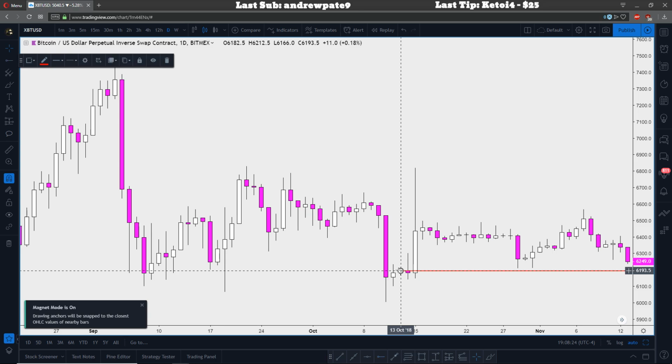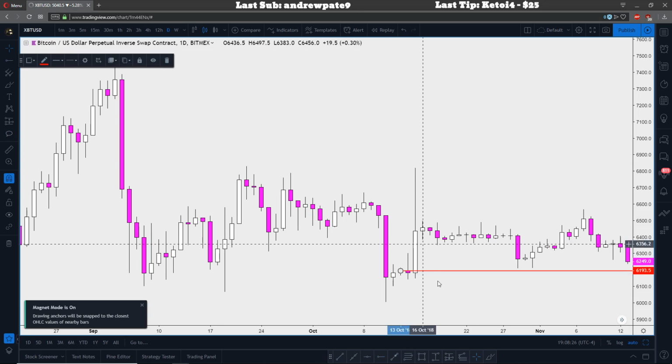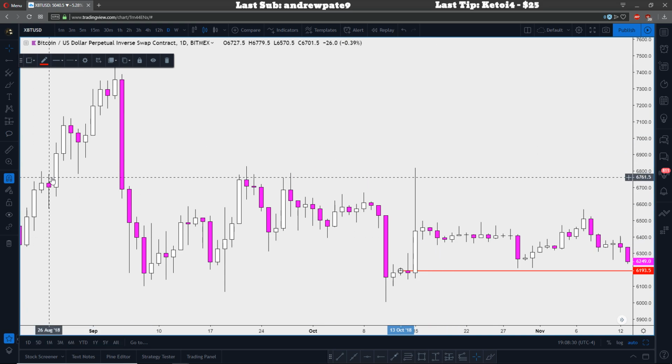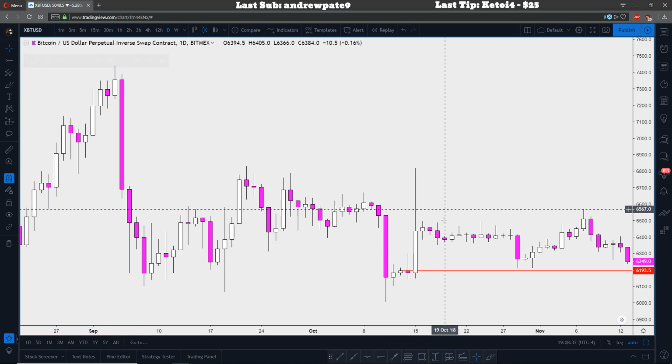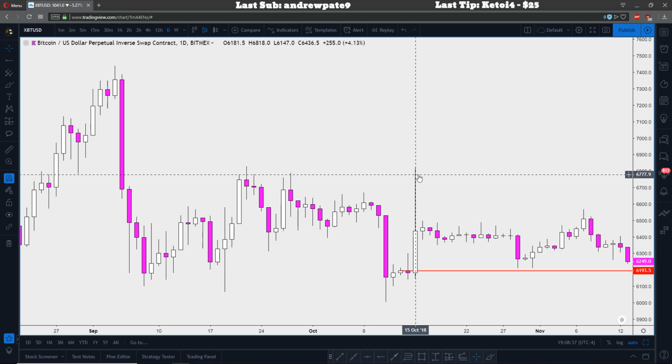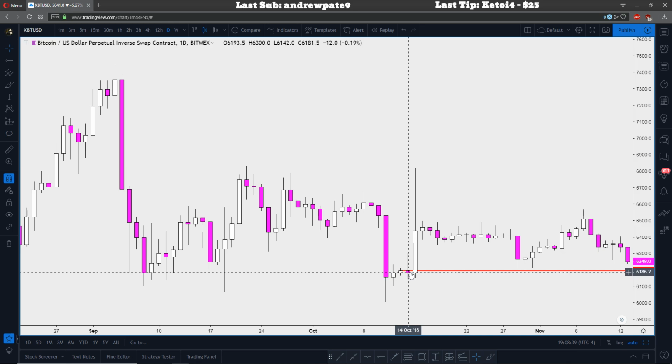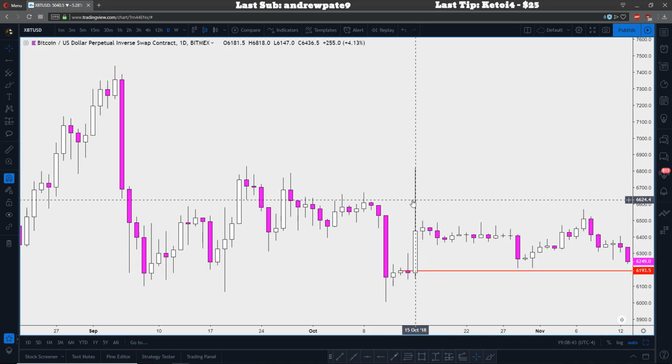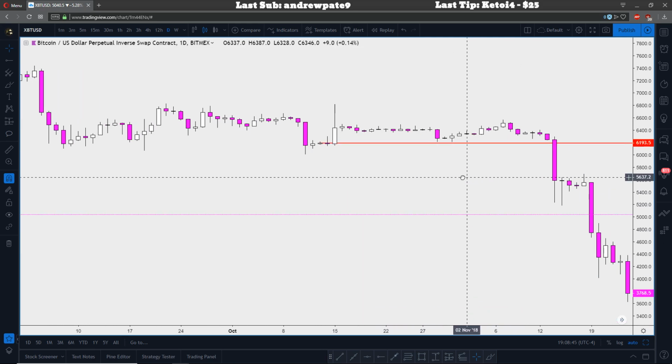We're going to take the high of the doji before the impulse move up. This is going to act as the last resistance point before a breakout. We had our last resistance that was holding price down, and then we were able to break that resistance into an impulse move up.